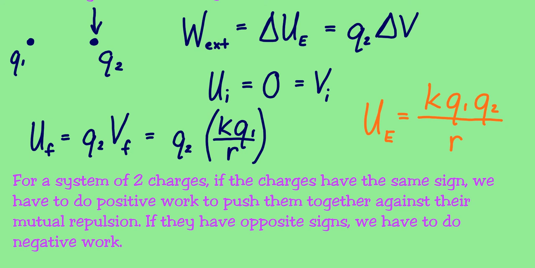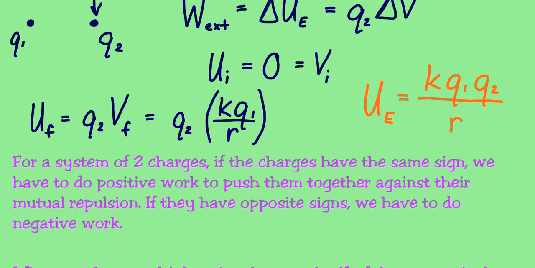A couple more facts. One thing that you may commonly see with electric potential energy is a unit for energy that's not the same as joules. We know all energy can be measured in joules. But there's another unit that we sometimes use when we're dealing with very small bits of energy, as we often do with point charges. And that's called an electron volt.